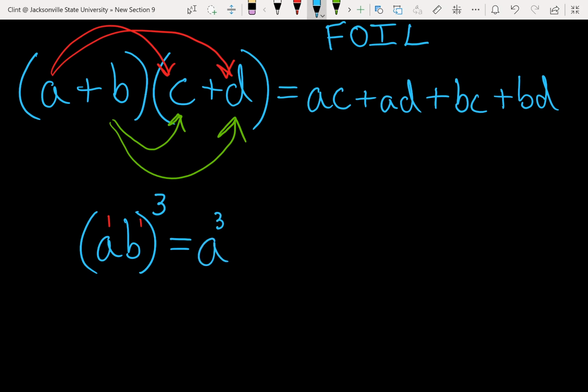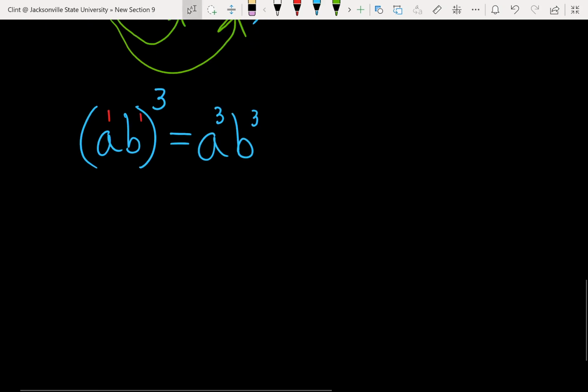So with a times b to the third, a cubed b cubed. Sometimes we'll remember that one, but we'll forget it if we have a situation like 2a to the third, we'll forget to raise the 2 to the third power.